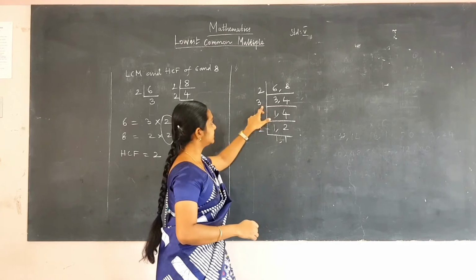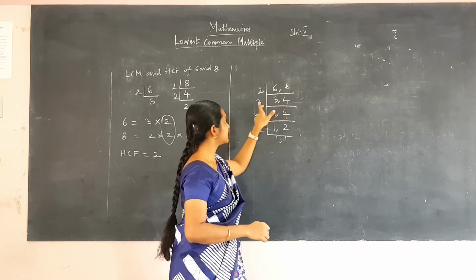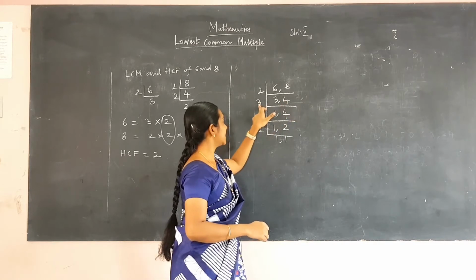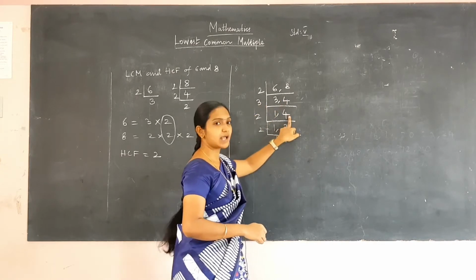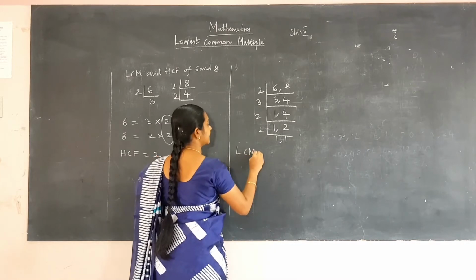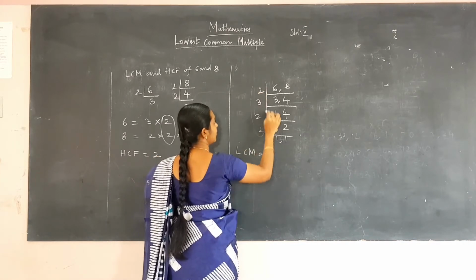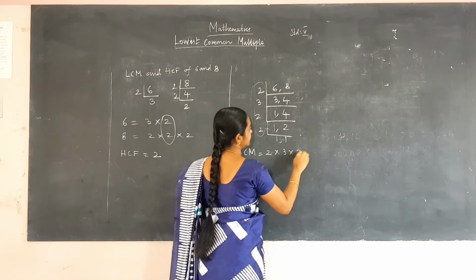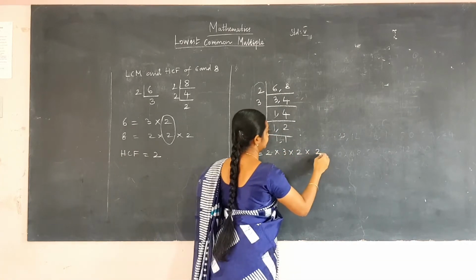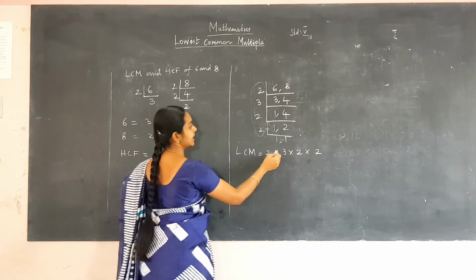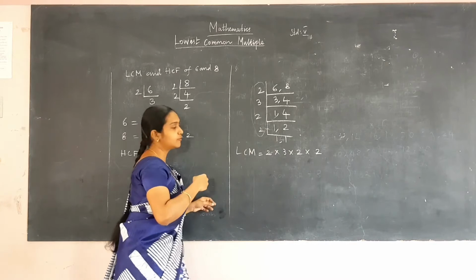3 is divisible by 3, so we have put 1 here. 4 is not divisible by 3, so we have kept 4 as it is and divided with 2. For LCM, we have to multiply all these numbers. 2 into 3 into 2 into 2. 2 into 2 is 4, 4 into 2 is 8, 8 3s are 24.